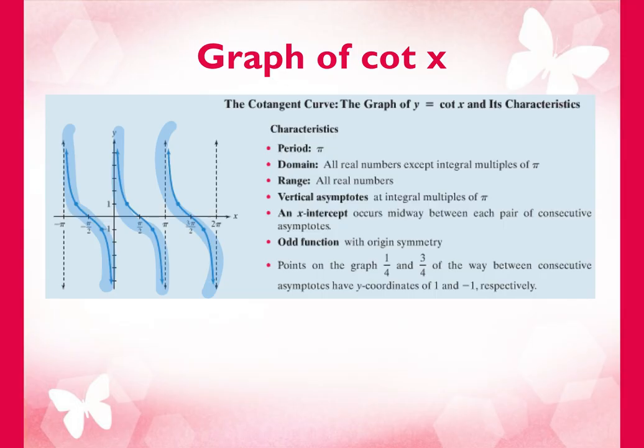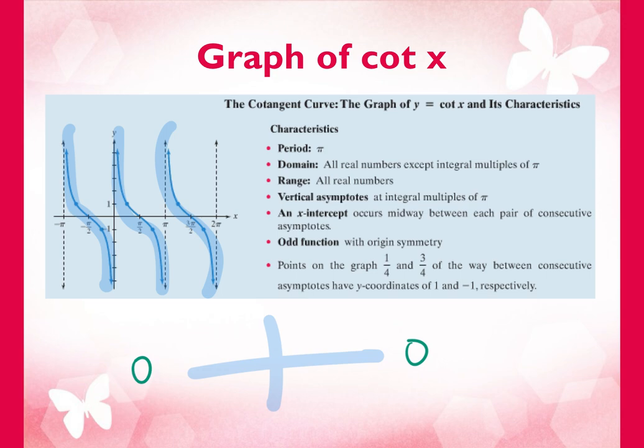And that is because where tan was 0, cotangent would now be what? Undefined. So where tangent was 0 is now where cotangent is undefined, and where tangent was undefined, cotangent's now what?